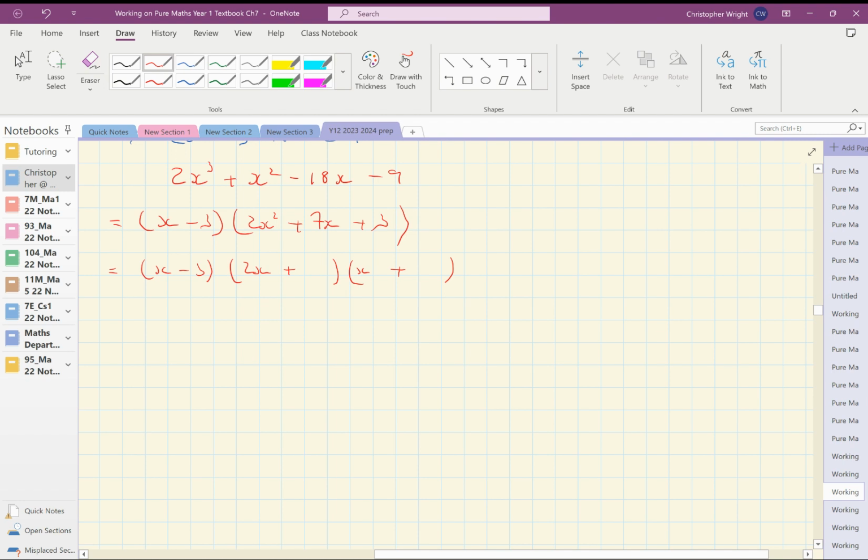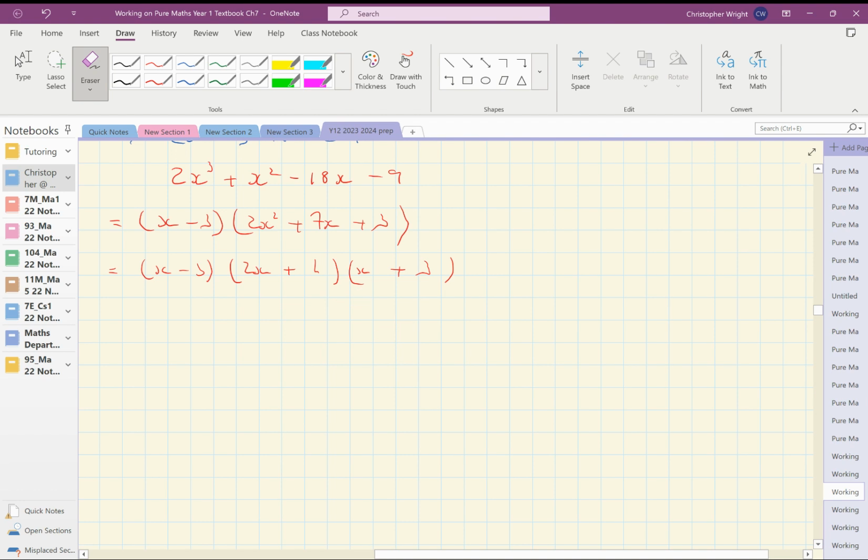So it's going to be 1 and 3, and 3 and 1, isn't it? If I try the 3 and the 1 first, that's going to give me 3x and 2x. That only gives me 5x's, not 7x's. So that didn't work. So let me try the 1 here and the 3 here. Let's have a look at that. That gives me 1x and 6x, which gives me the 7x.